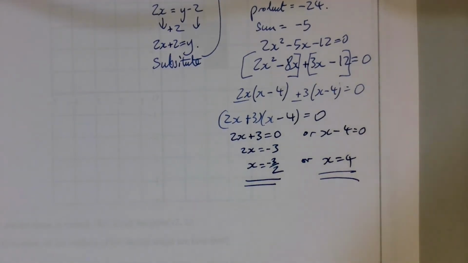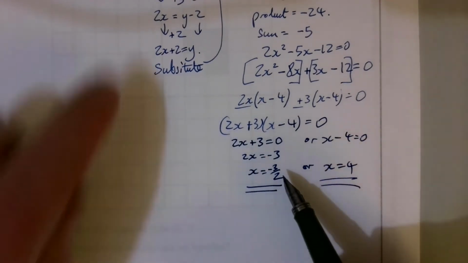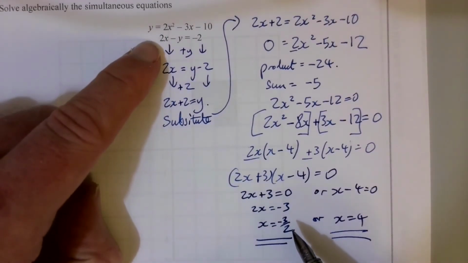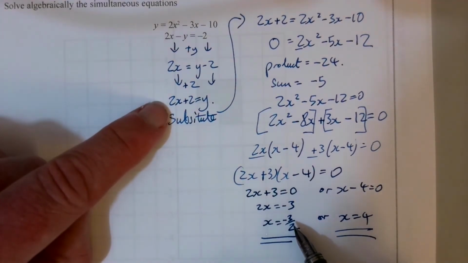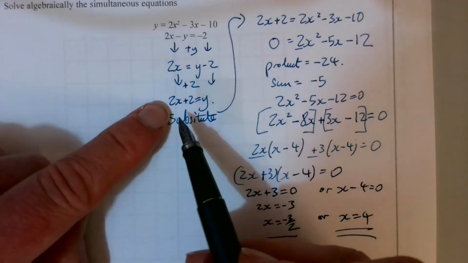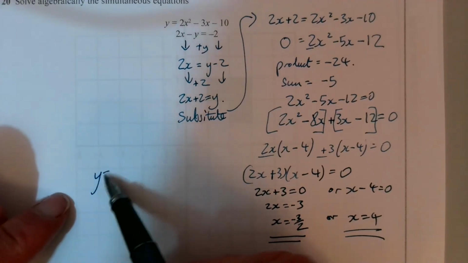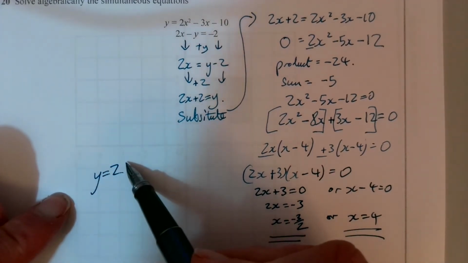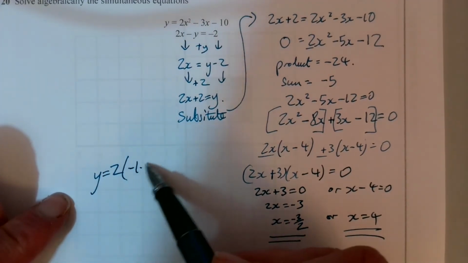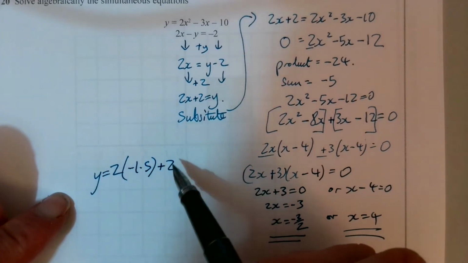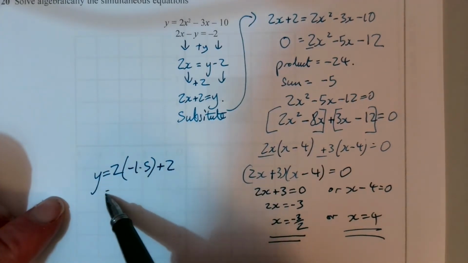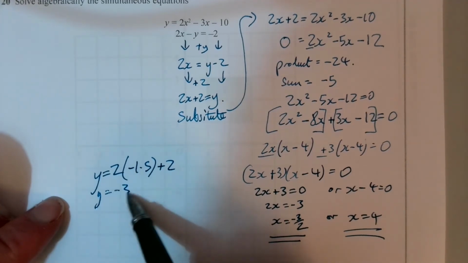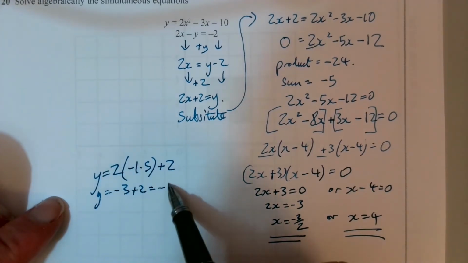However, I still need to pick up my y values, don't I? So now I have to substitute back in, probably take the easiest one that we've got. I've already rearranged this like this, so I'm going to put negative 1.5 in. So y is going to be 2 times minus 1.5 plus 2, which is minus 3 plus 2, which is negative 1.